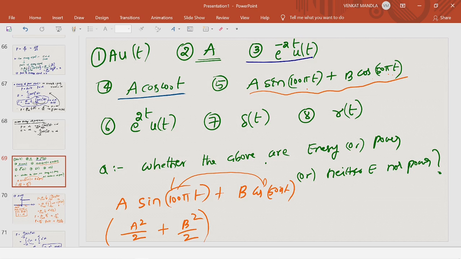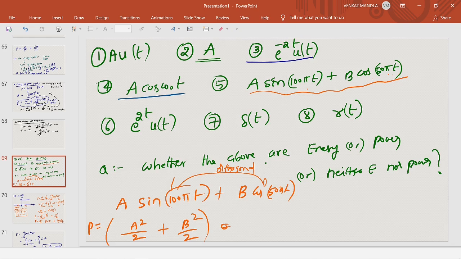But there is one more term, the cross term 2ab sin 100 pi t cos 50 pi t. Because they are orthogonal signals, the integral of sin 100 pi t into cos 50 pi t is 0. I will discuss this when I discuss the Fourier series. That is why I am adding their powers.